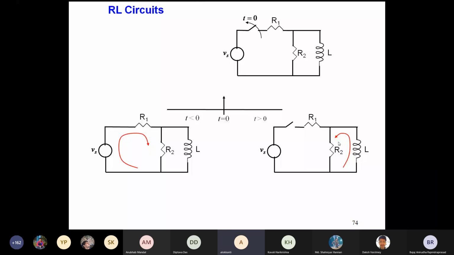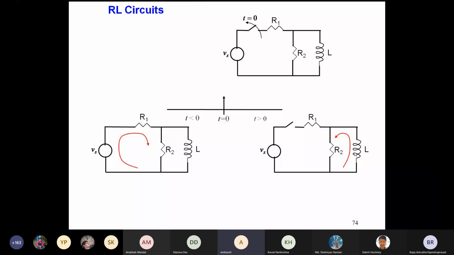Okay, now we have an inductor that has some energy. It was storing energy at t equal to 0, and then suddenly the mother energy source, that is Vs, was removed, but the inductor had some energy, so that energy can still be used to dissipate.